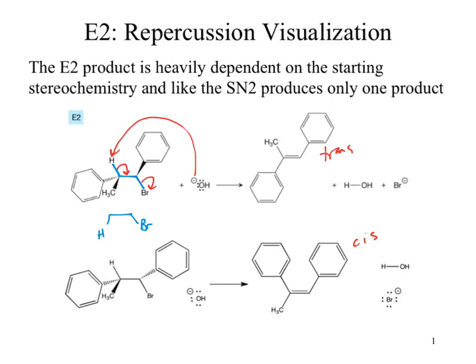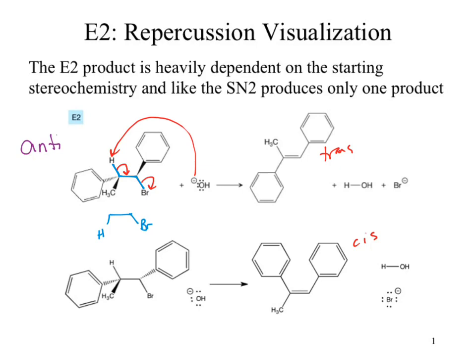Okay. So as was already mentioned, we have kind of an anti-alignment of the hydrogen and the bromine. So if we turn and look at this as a Newman projection, the hydrogen is aimed straight up, the bromine is aimed straight down, directly behind. Okay, so they're in an anti-configuration from a Newman projection.